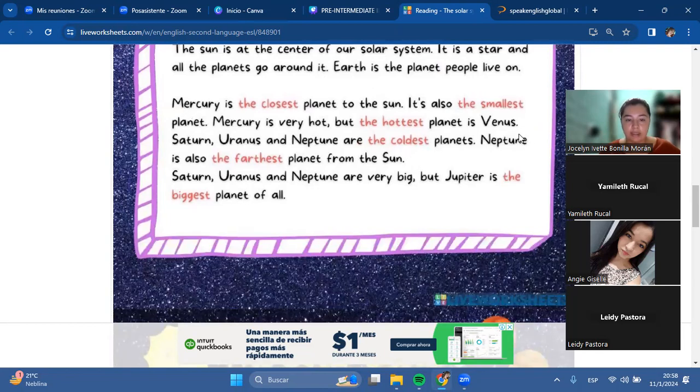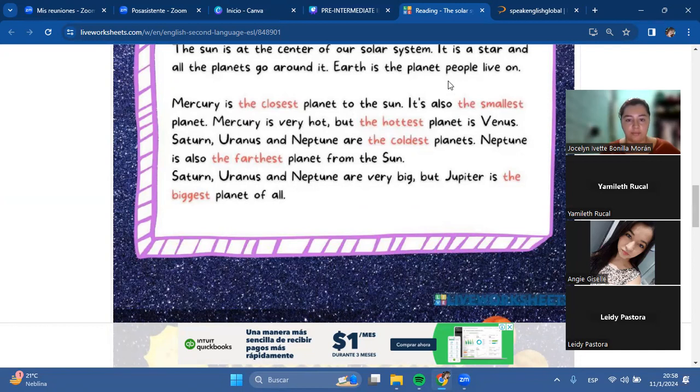Continue, Jamilet, until maybe here. Saturn, Uranus. Perdón, sorry. Mercury is the closest planet to the sun. It's also the smallest planet. Mercury is very hot, but the hottest planet is Venus.